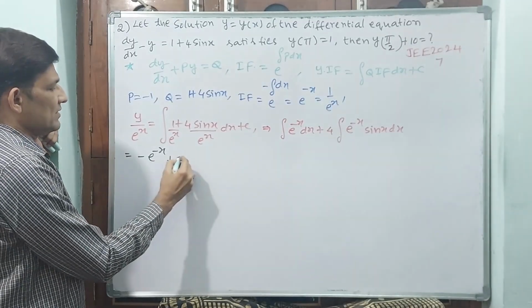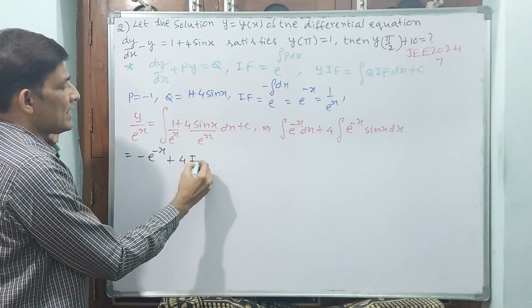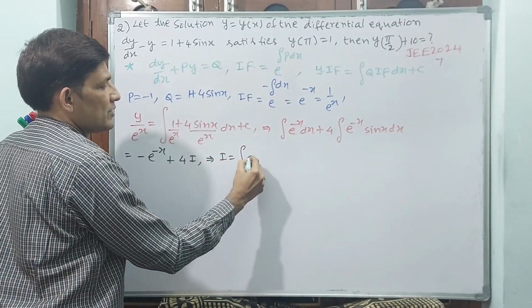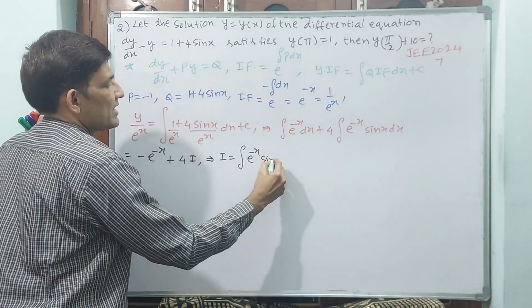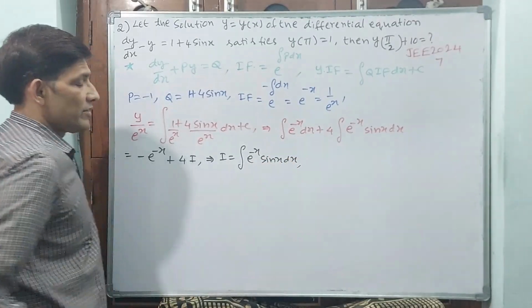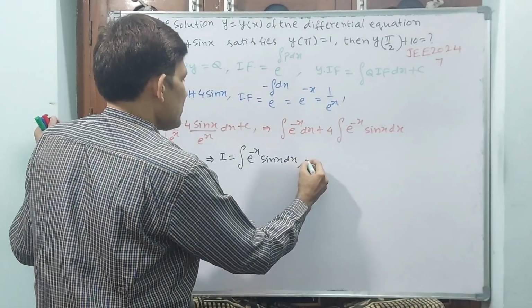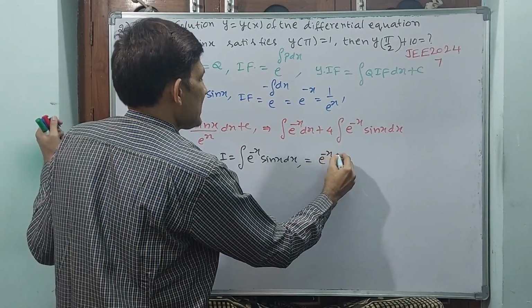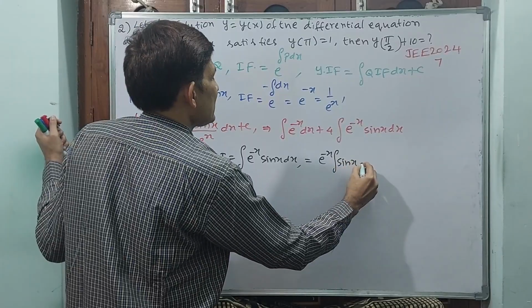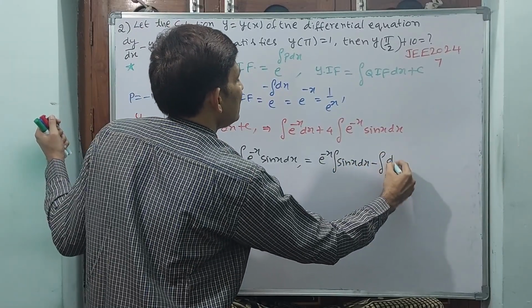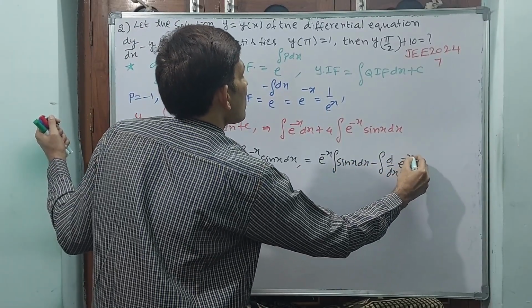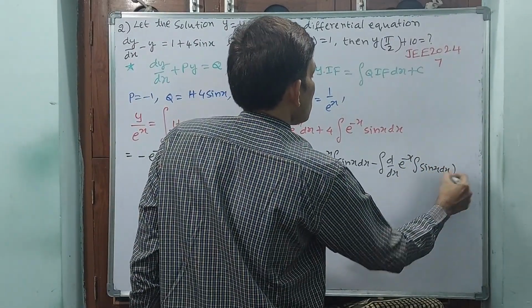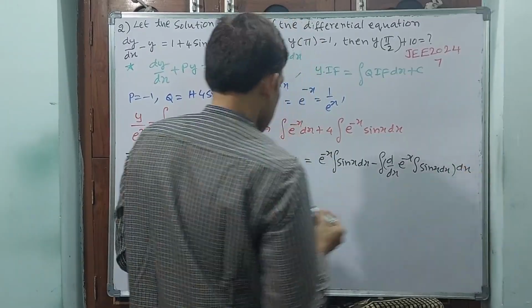Plus 4 times, I am taking I equal to integral e power minus x sin x dx. Now using integration by parts, I is equal to e power minus x integral sin x dx minus integral of d/dx of e power minus x, again integral sin x dx, whole dx.